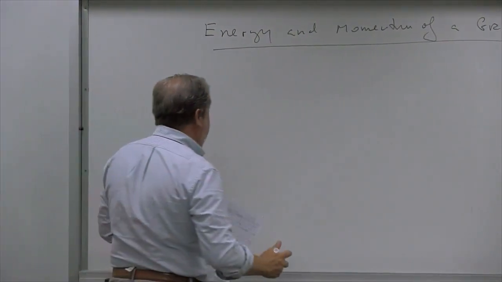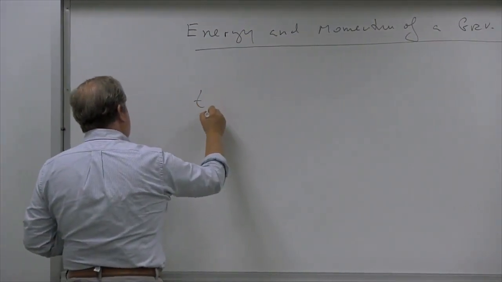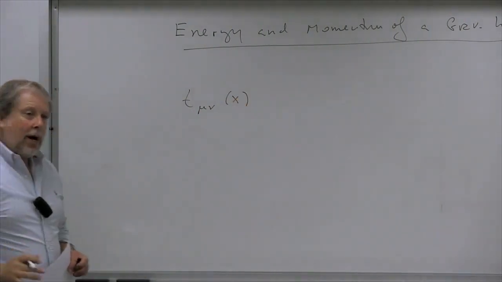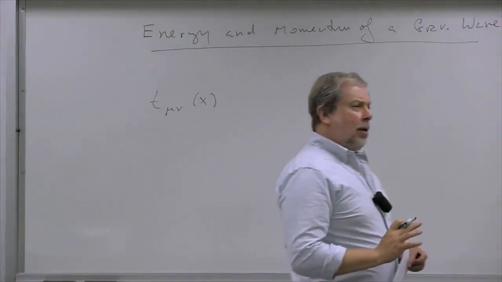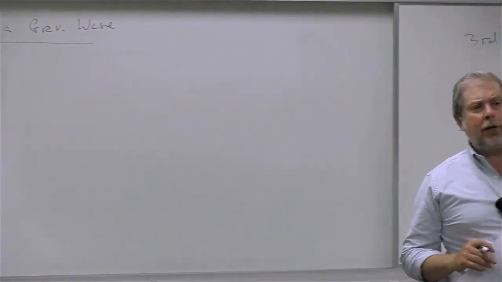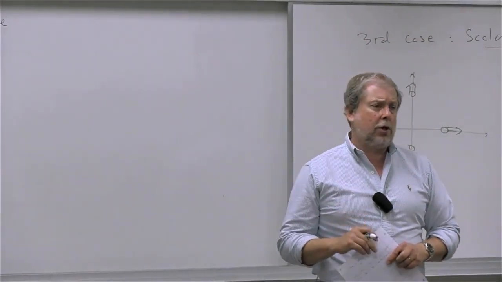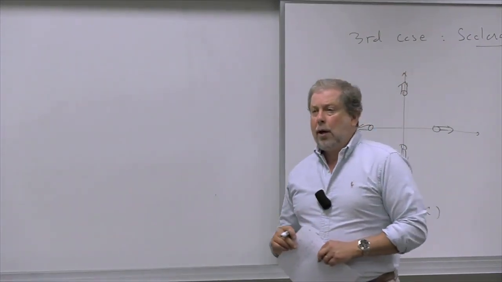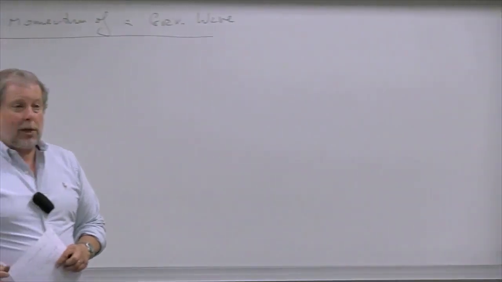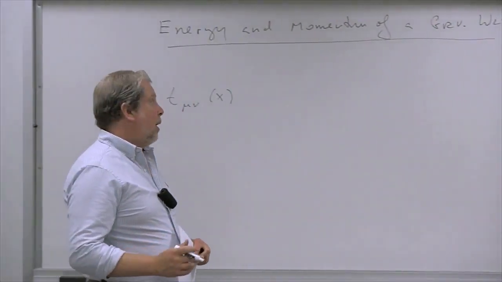The point is that there is a T mu nu of x. Now, we have to remember that there is no such thing as an energy momentum tensor for a gravitational field in the context of general relativity, because the nature of the gravitational wave is hidden in the Ricci tensor, the Riemann tensor, if you want.